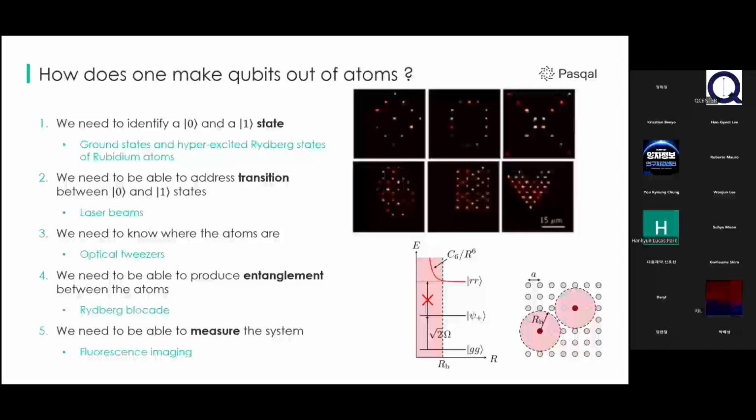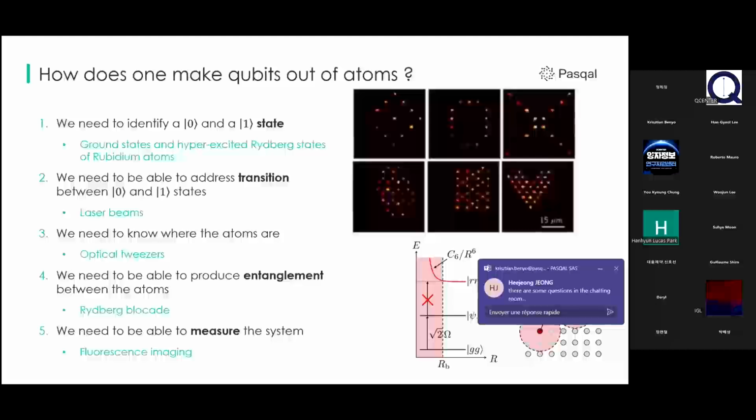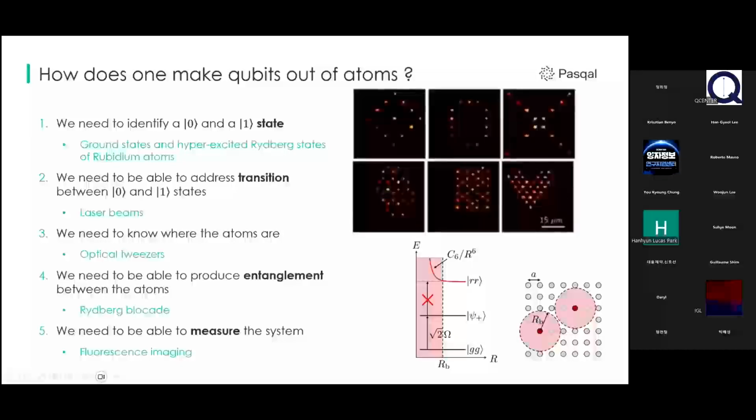And as I mentioned, these specific atoms, especially in the hyperexcited state, can interact with each other. This interaction occurs because if you have an atom entering this hyperexcited state and another atom next to it, you see the image on the bottom right, the atom has a sort of interaction range.